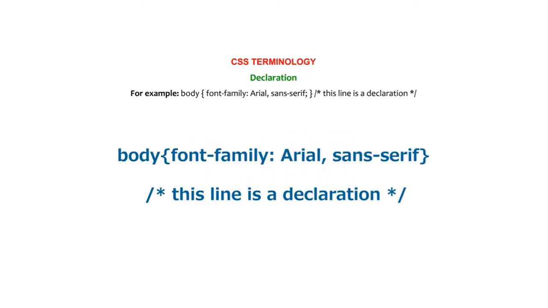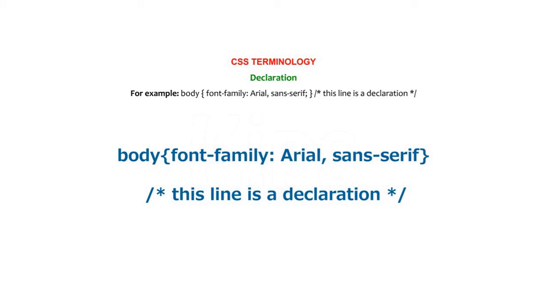For example, we can write the body tag and then curly brackets, font family, Arial, sans serif, then semicolon and curly brackets closed. This line is a declaration. Now, here font family is the property and Arial is the value.